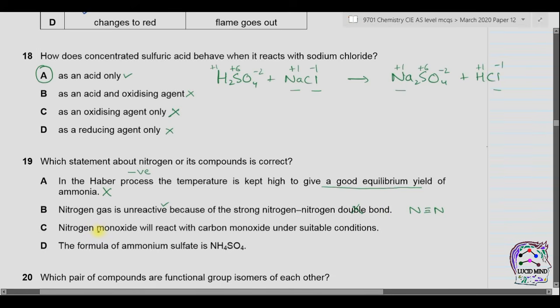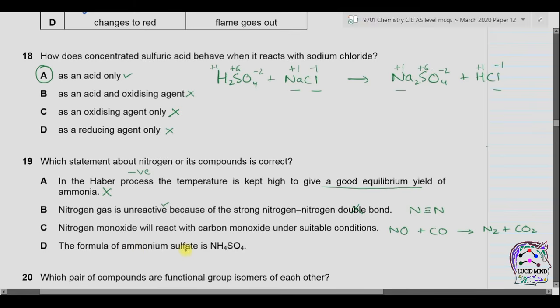Part C says nitrogen monoxide will react with carbon monoxide under suitable conditions. So if we have NO and CO, this reaction takes place in the catalytic converter. So it converts into nitrogen and carbon dioxide. So yes, under suitable conditions, given proper catalysts, this reaction is possible.